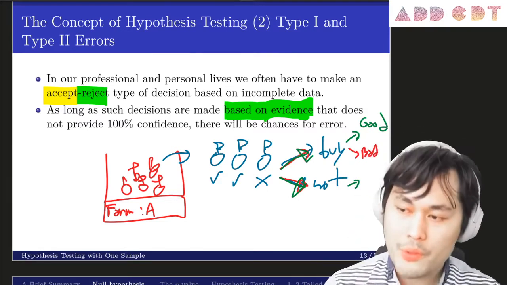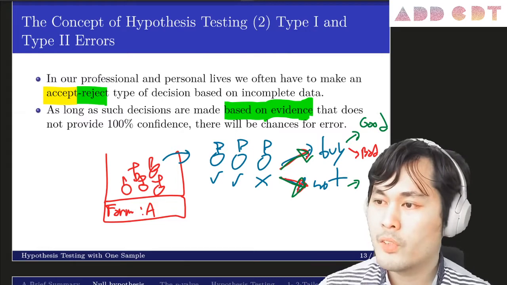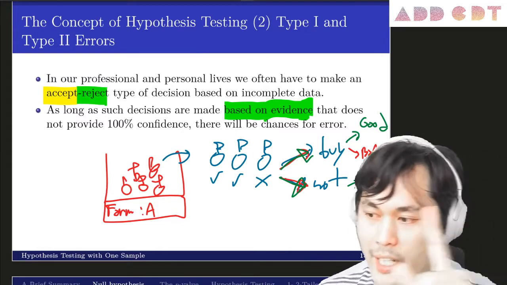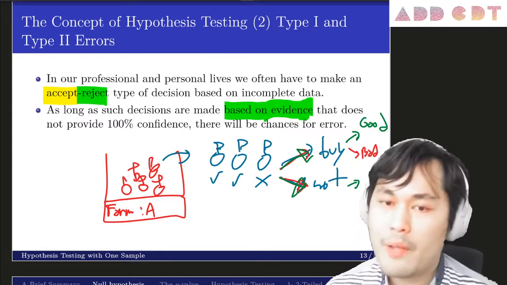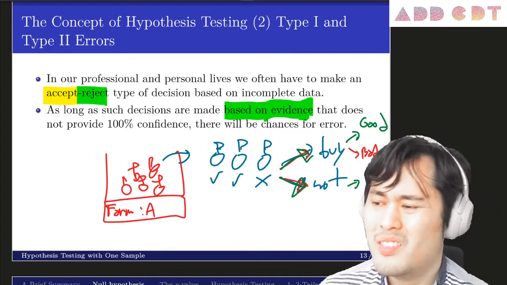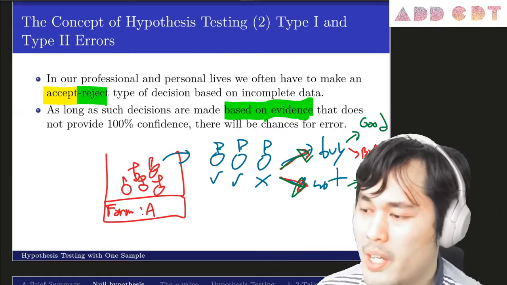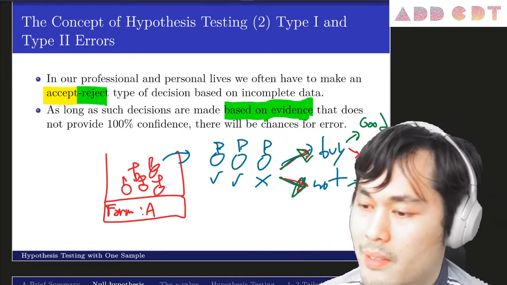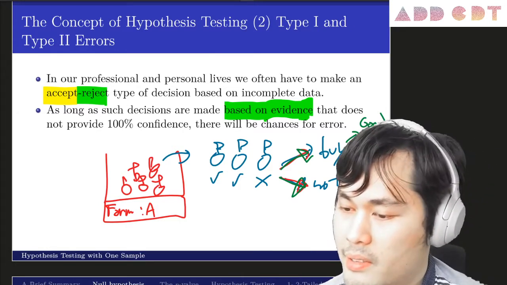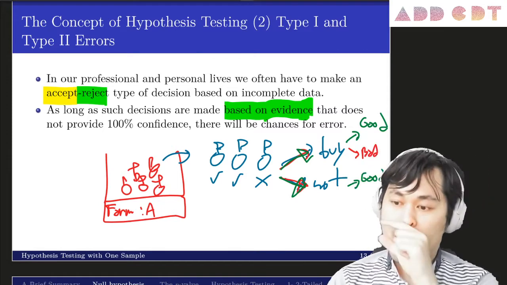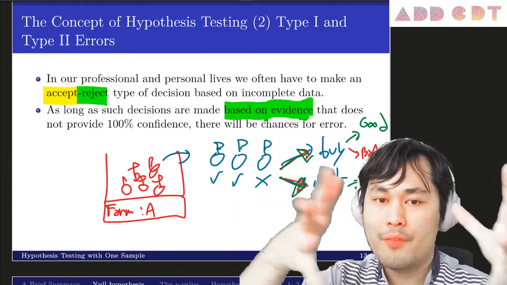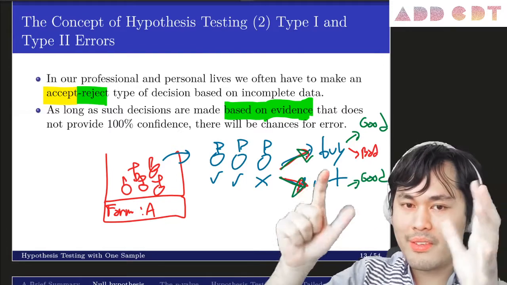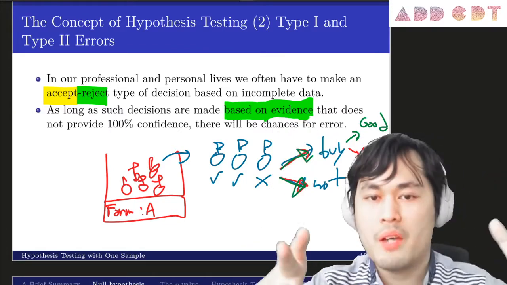And if you decide to not buy from them, again there are going to be 2 scenarios. Maybe you look at 2 boxes and it doesn't meet your expectation, but it turns out that they are a good farm. Like maybe out of 100, only those 2 boxes are bad and the other 98 boxes are good.